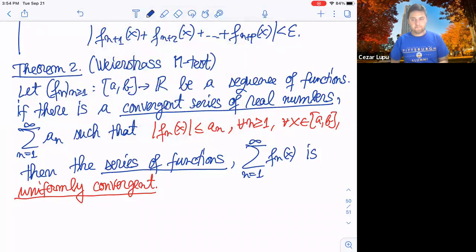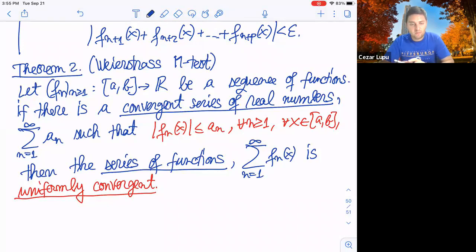It's very helpful if you're trying to prove the uniform convergence of a series of functions. You can just take the sequence Fn of x, then try to find a series that will dominate this sequence in absolute value, and if that series of real numbers is convergent, then there you go.